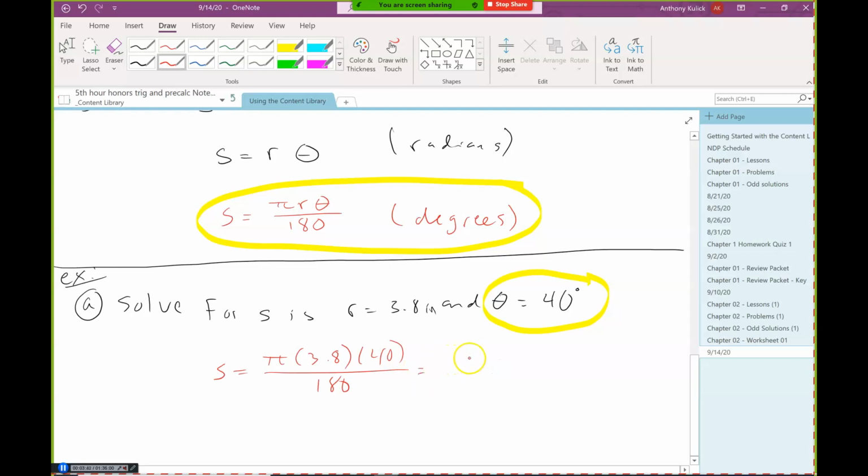So when I type this all into my calculator, I get approximately 2.653 inches. So just FYI, the unit on my arc length should match the unit for my radius.